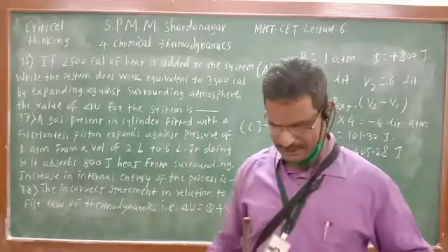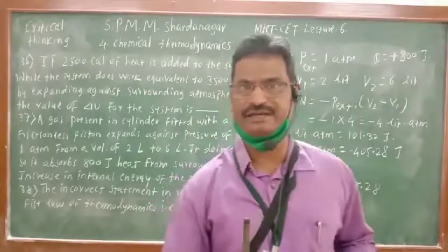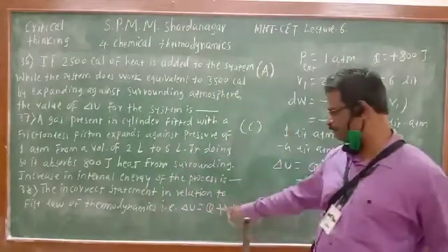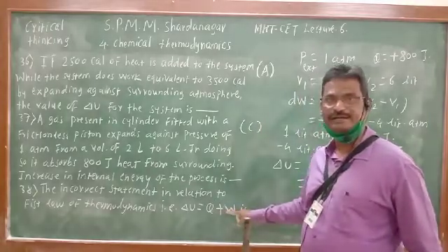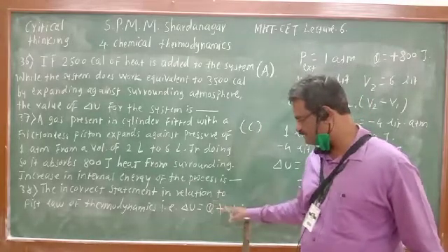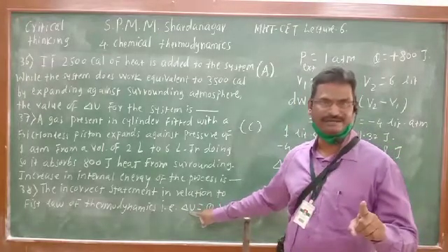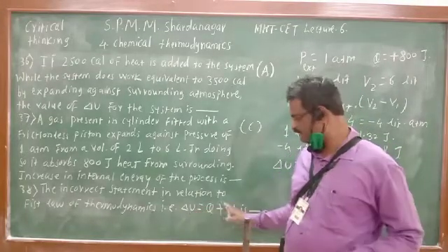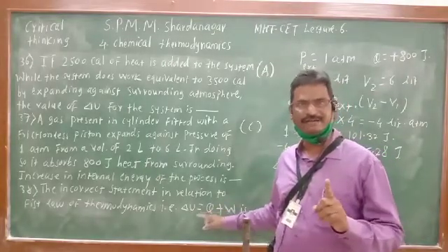Now see the last option. Q plus W is not a state function. See, Q plus W is equal to delta U, and delta U is a state function. But they have given it is not a state function, but actually that is a state function.